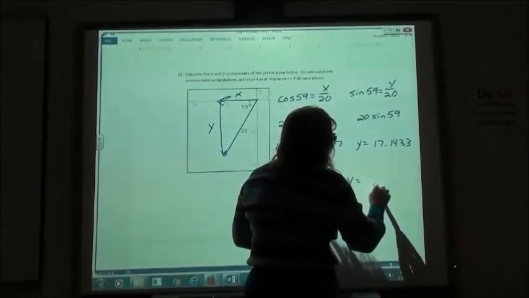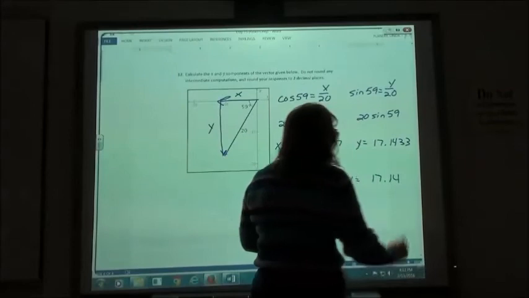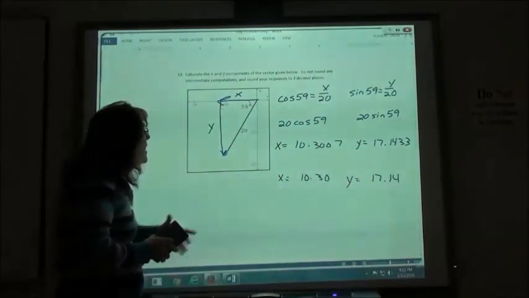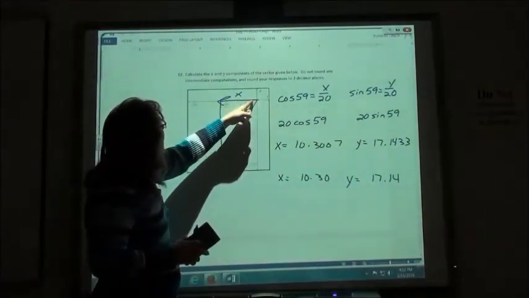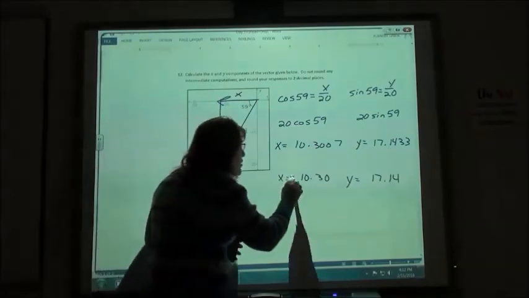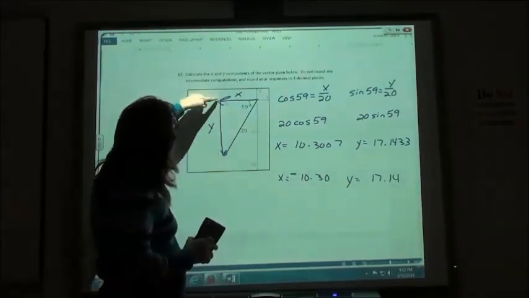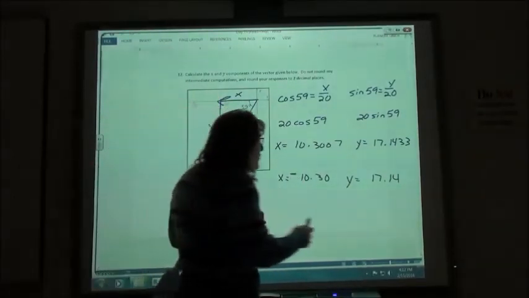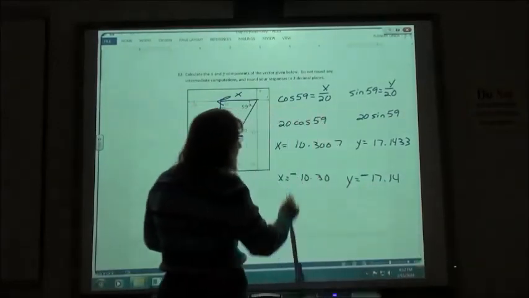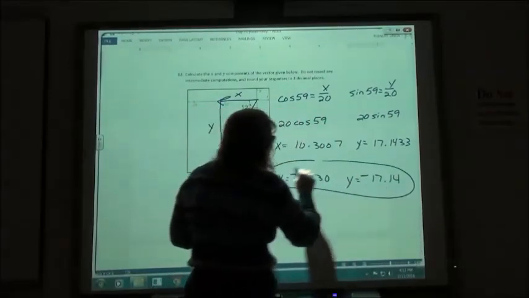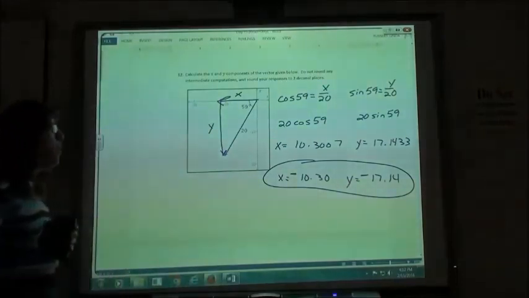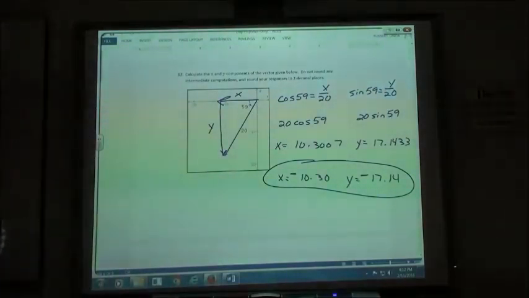So y is going to be 17.14, rounding that off to 2 decimal places. Checking my signs, x is going in the negative direction, so that should be negative. Y is also going in the negative direction, so that should be negative. So x is negative 10.30, y is negative 17.14.